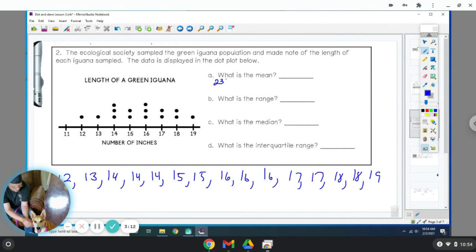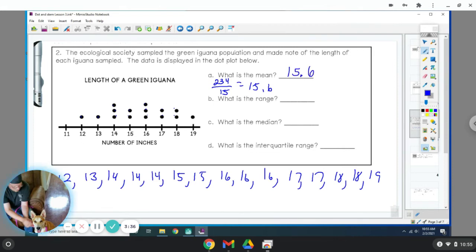Now we're going to divide by the number there are. There's 1, 2, 3, 4, 5, 6, 7, 8, 9, 10, 11, 12, 13, 14, 15, so you're going to divide 234 by 15. You get 15.6. So the average, the mean, is 15.6.